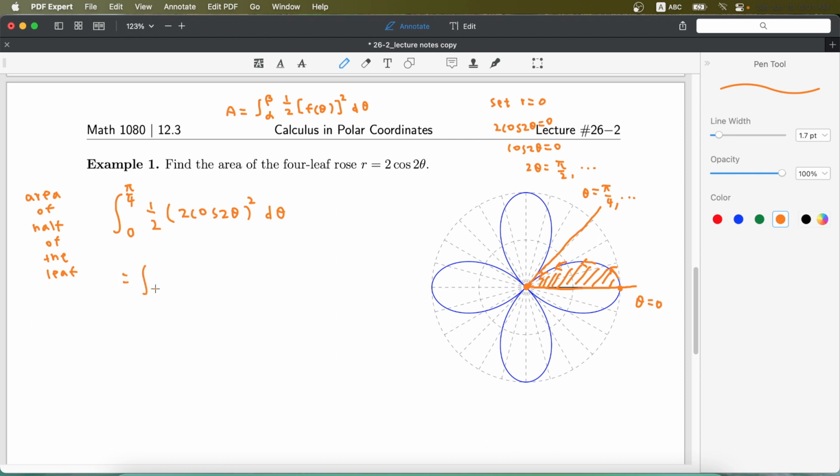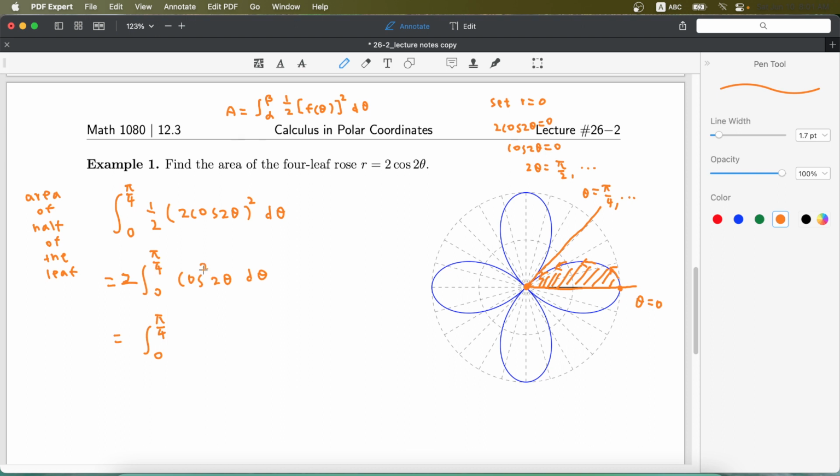Okay, so let's finish this. This will be 4. 4 times 1/2, that will be a 2. So let me put this 2 outside. Okay, so that will be cosine square 2 theta. Okay, and notice that right here, this is cosine square. I want to integrate cosine square.